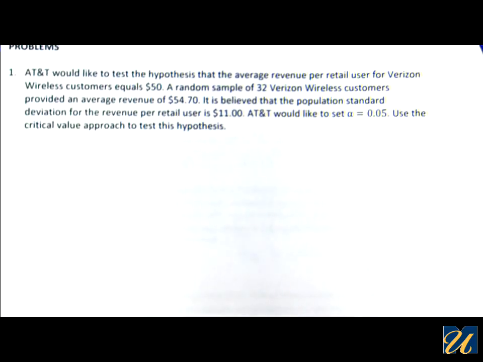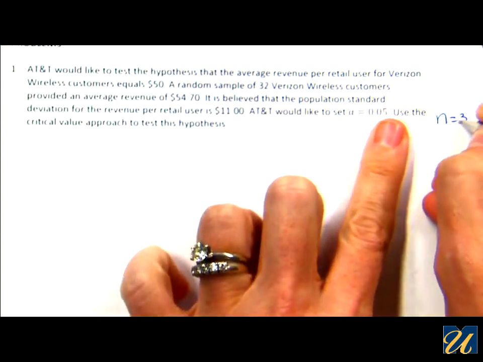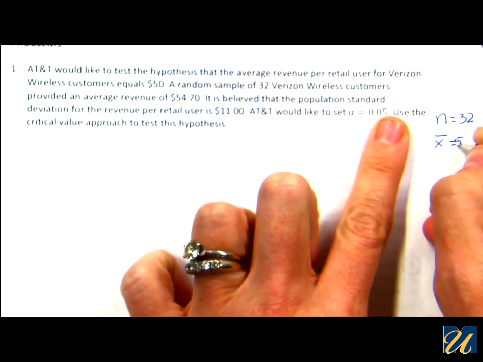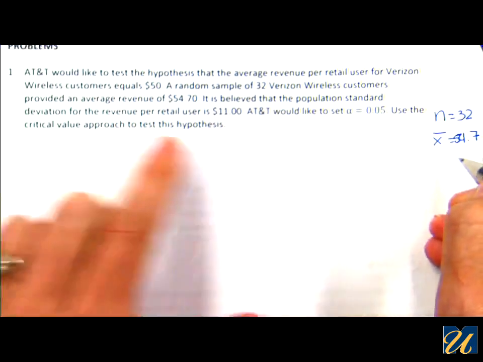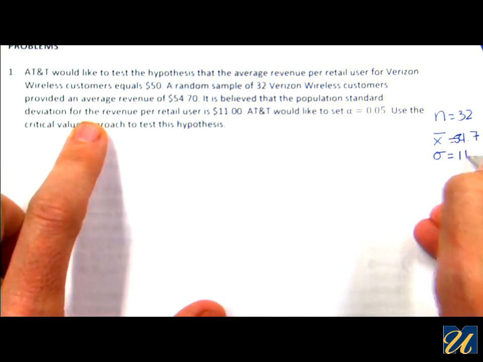Now, for the problems, AT&T would like to test the hypothesis that the average revenue per retail user for Verizon wireless customers equals $50. We have a random sample n equal to 32, x bar equal to 54.7, and it is believed that the population standard deviation, sigma, is equal to 11.